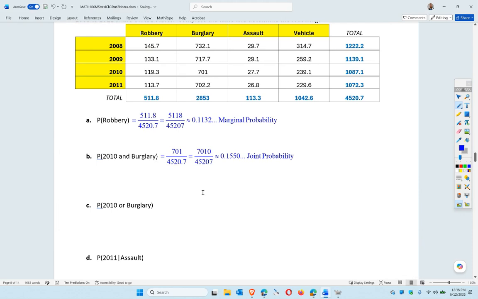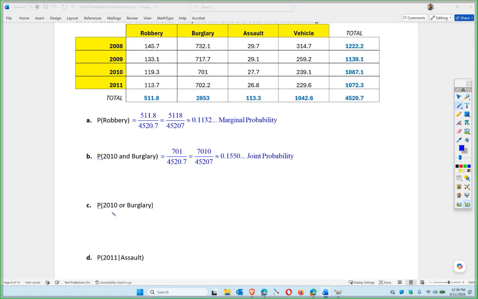2010 or burglary, right? Okay. So these are two individual marginals, right? So 2010 is right here, and then the burglary is right here, correct? So I went this way to get that number, and I went this way to get this number, correct?